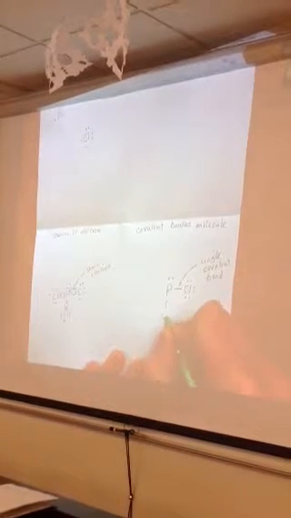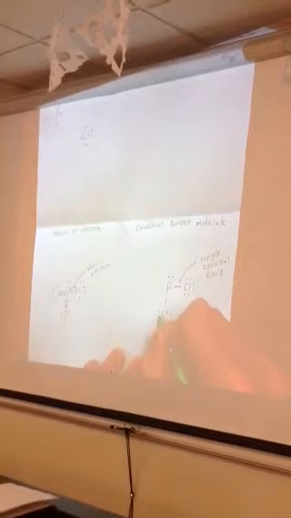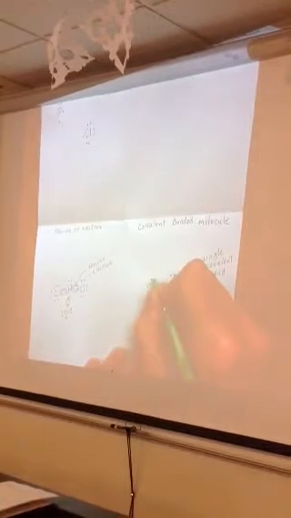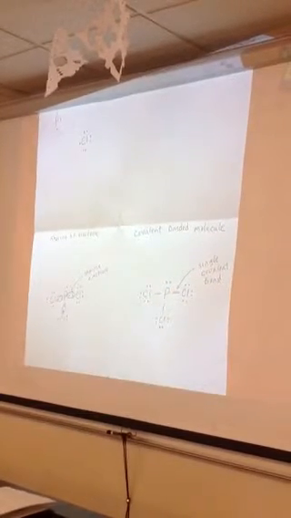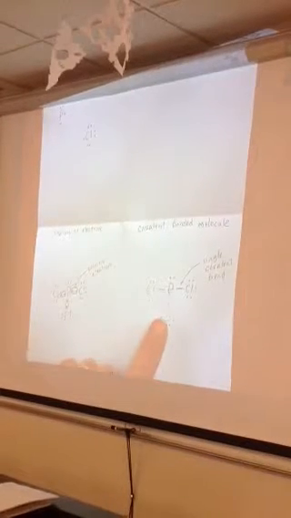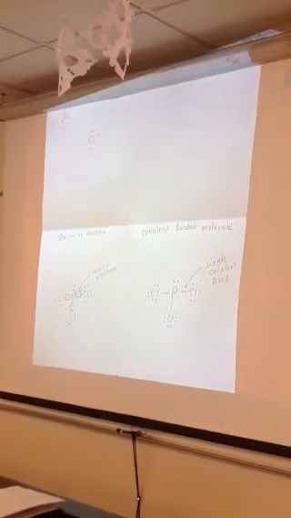Down here is a straight line. I hope you're following the story. Here's a straight line. Those are all single covalent bonds. And there's what my molecule looks like at the end. This is a covalent bonded molecule. End of story.